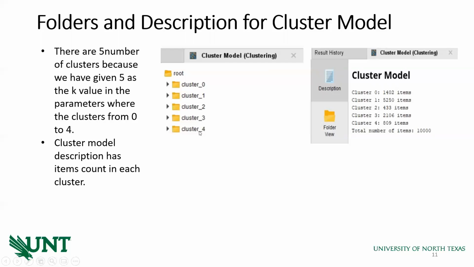The cluster model description has the item count in each cluster. We also have the items which are in each cluster. We can see it here. For example, cluster 0 has 1402 items in it.